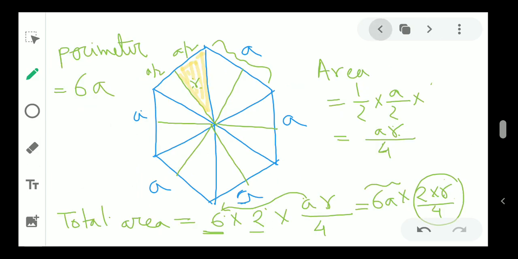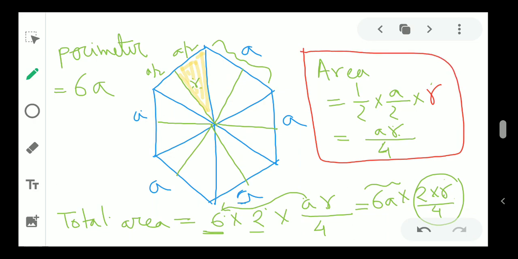So what I have done, I have first found the area of a hexagon. We have seen that we can join the diagonals and create two right angle triangles using this big triangle. Why? Because we only know the area of right angle triangles, but we don't know the area of a normal triangle, right? So that's why I have intentionally made two right angle triangles like this.